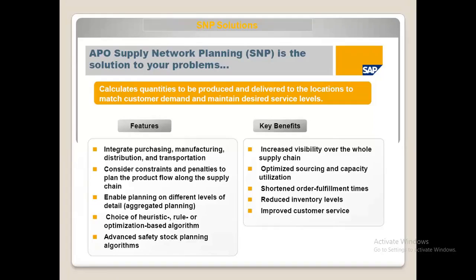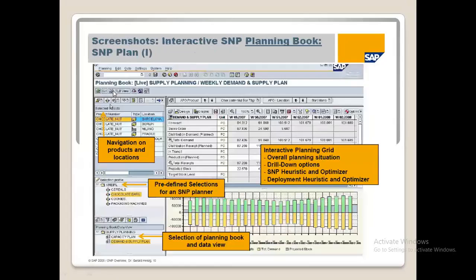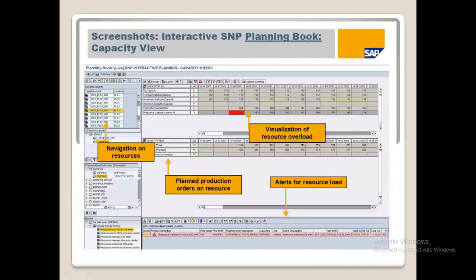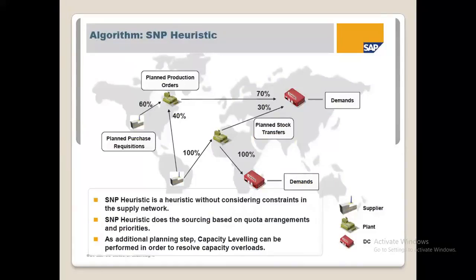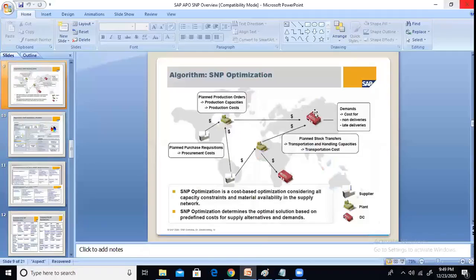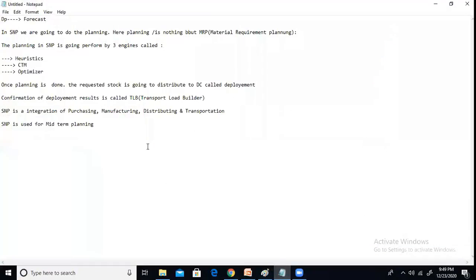Now come to the planning engines one by one. First one, SNP heuristics. Let me add points.